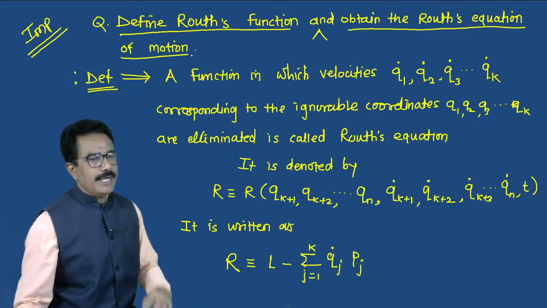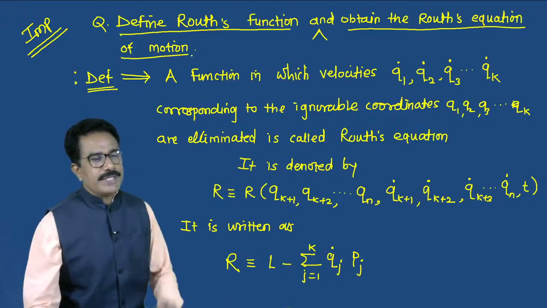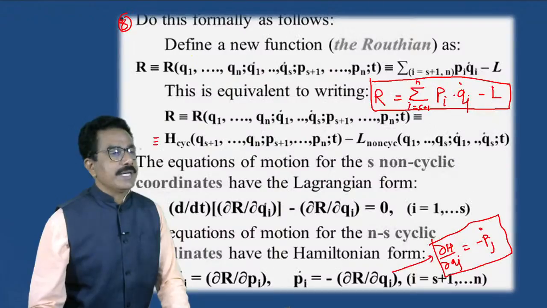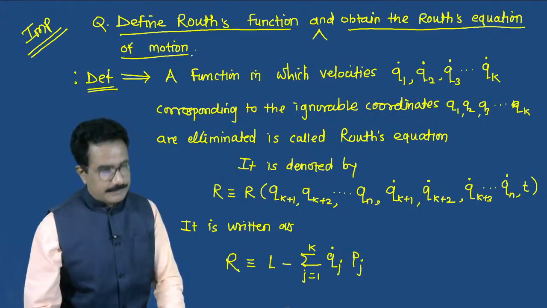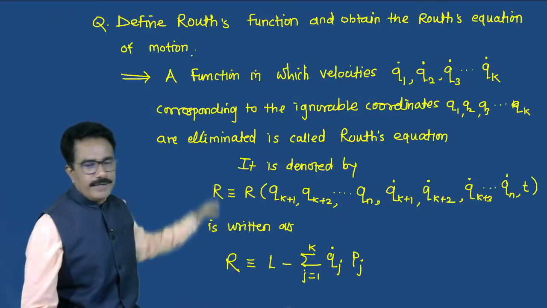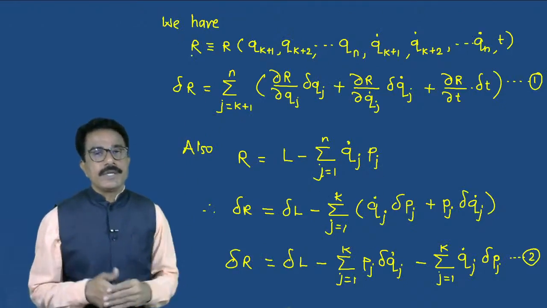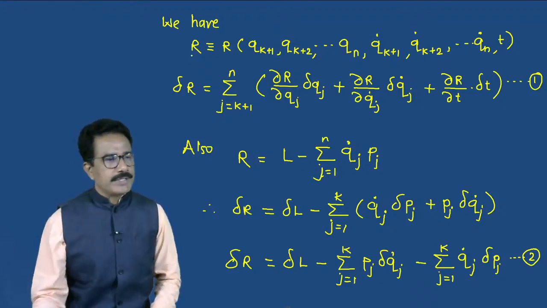Now proof. This is the definition. Now we have to find the Routh's equation. So this is the definition of the Routh function. Now we have to find the Routh equation of the motion.